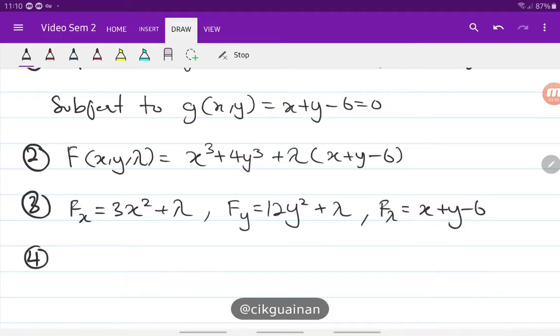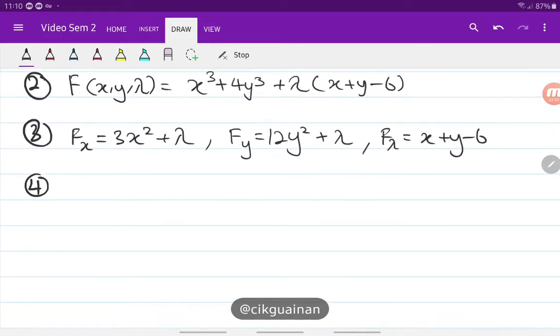The fourth step is letting each one of the partial differentiations equal 0. So let F sub x equal 0, F sub y equal 0, and F sub lambda equal 0.